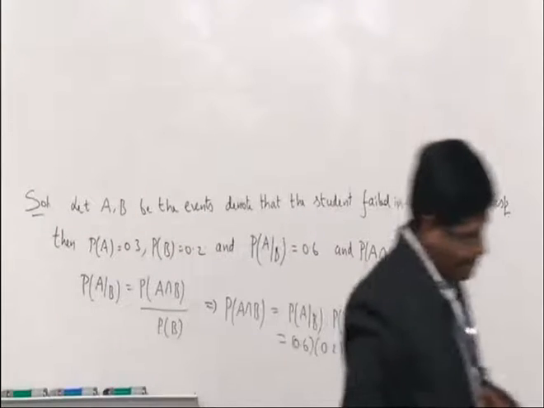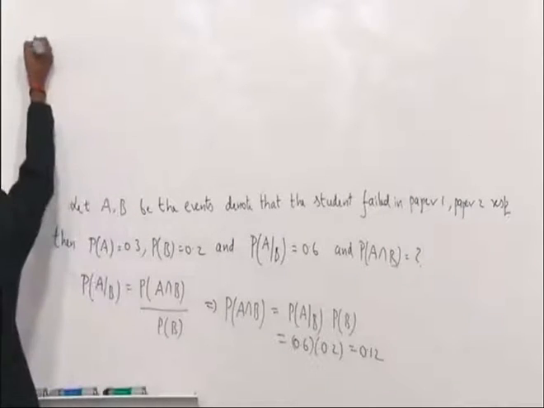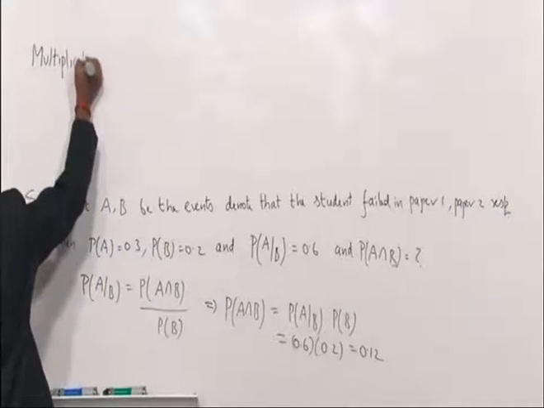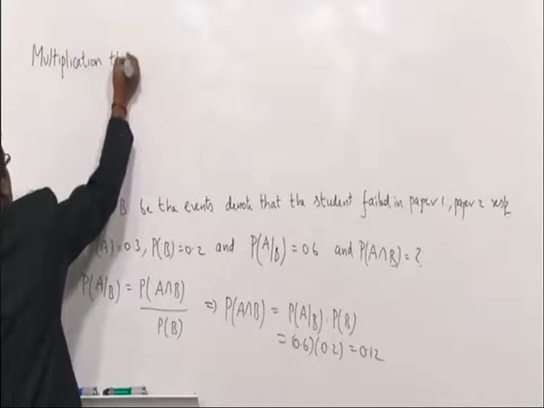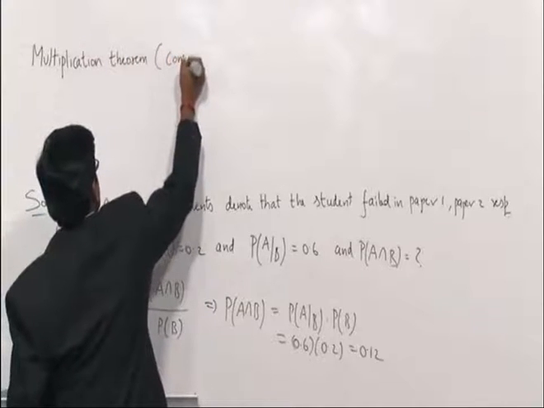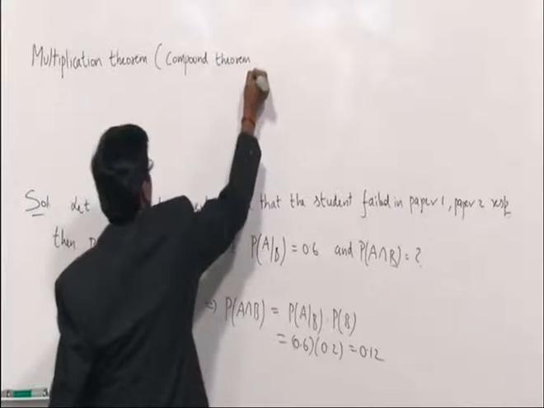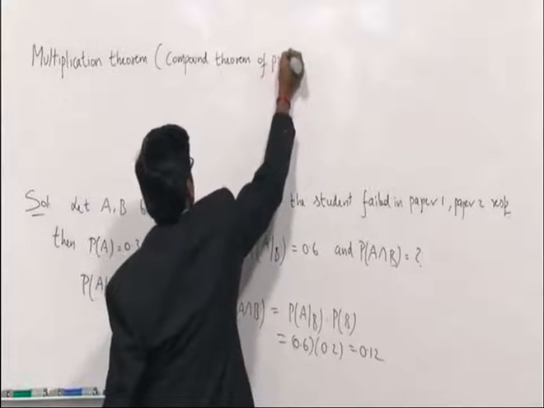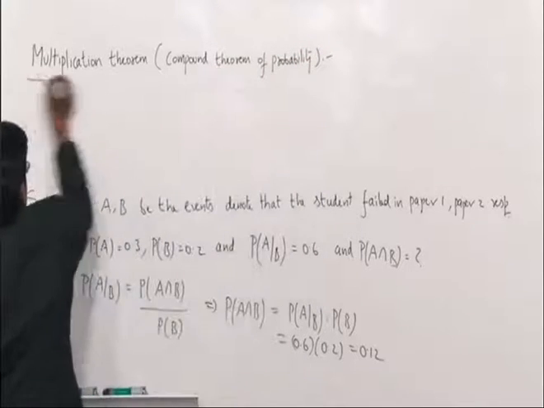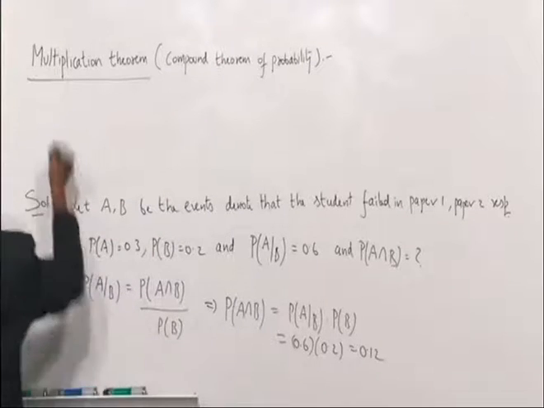The next one is multiplication theorem. This is also called compound theorem of probability. Just this is nothing but came by conditional probability only.